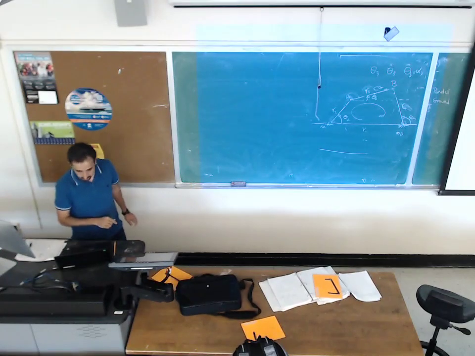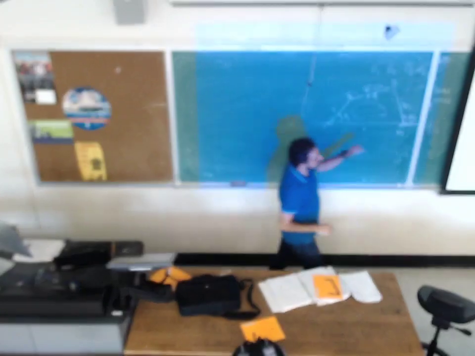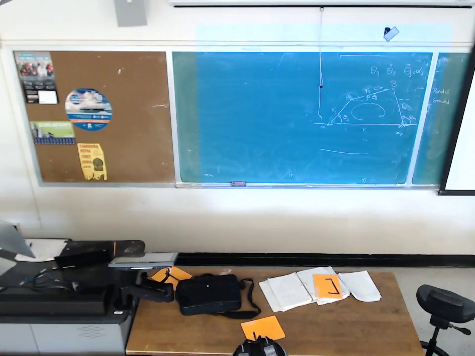This is how I label the links A, B, C, and D. Or we might see R1, R2, R3, R4. And the way that I labeled the angles, theta 2 I measure from this point, theta 3 I measure from this point, and theta 4 from this point.